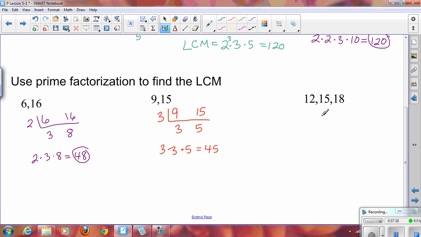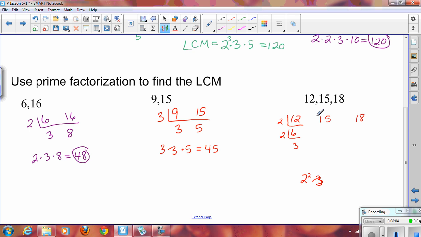Okay. This next one has 3 numbers. We are going to have to do this the original way by factoring them separately. So we go 12, 15, and 18, and we factor each one separately. 12 factored is 2 times 2 times 3, so that's 2 squared times 3.